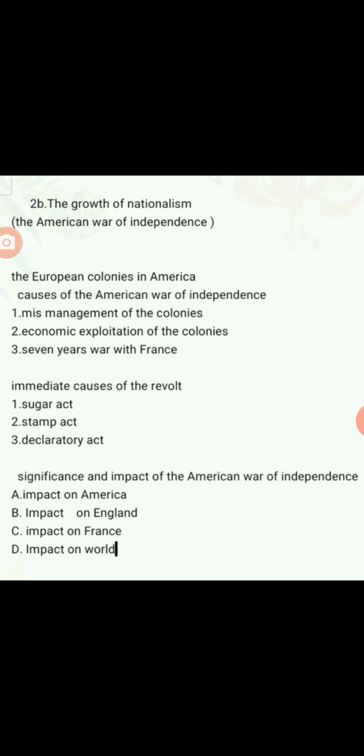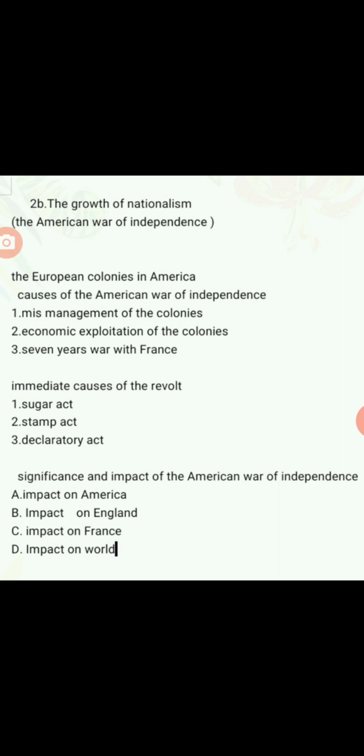They started to create various types of acts or measures. The colonies wished to run their business and industries themselves, but the British government passed various types of acts which burdened the Americans.